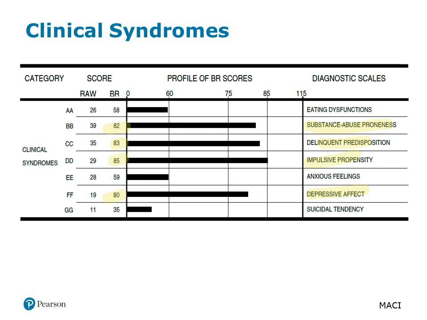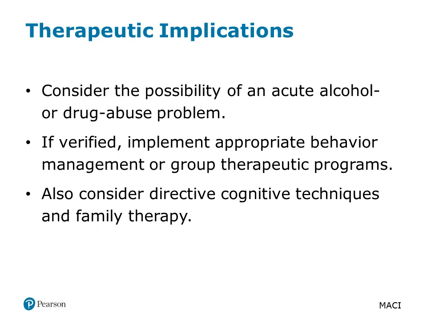So essentially, when you integrate this picture, what you're thinking is, how can we help her to function more effectively? So think about the therapeutic implications based on the integration of the data from those different sources.